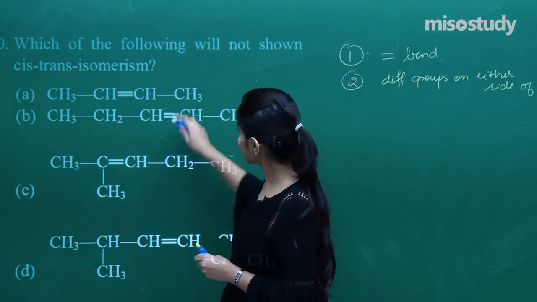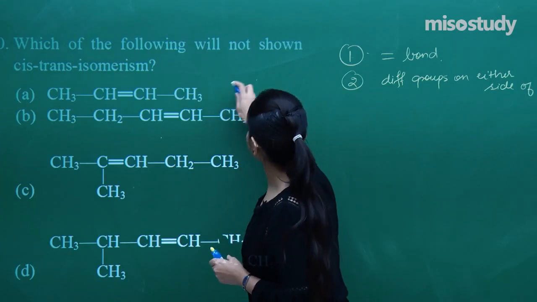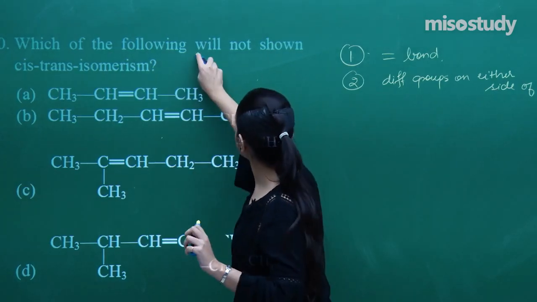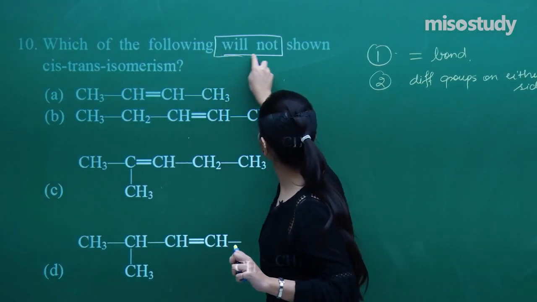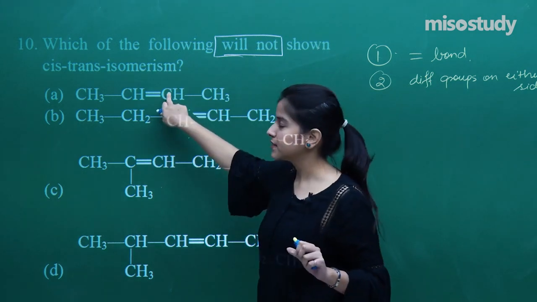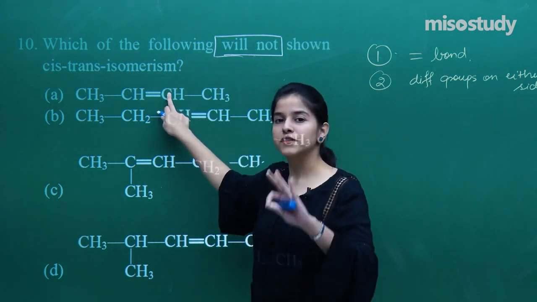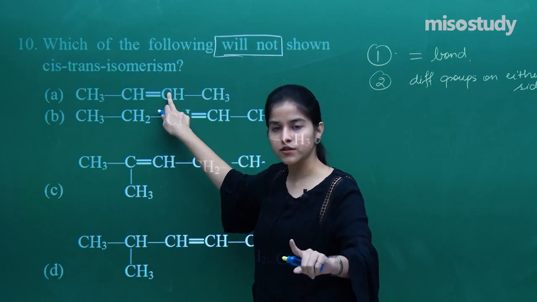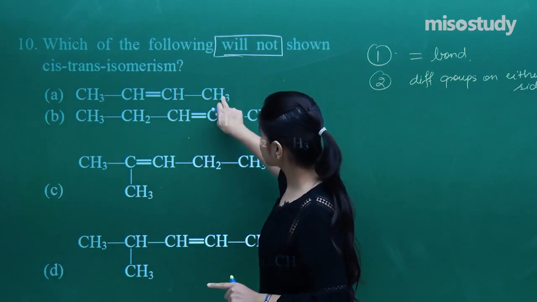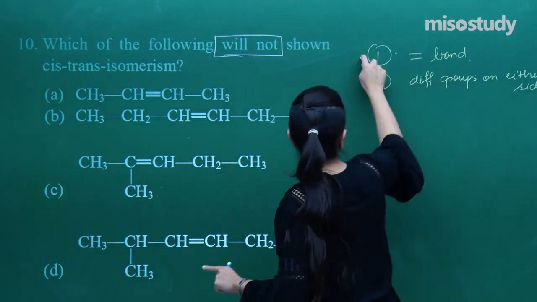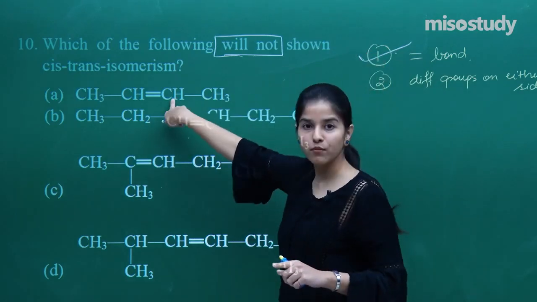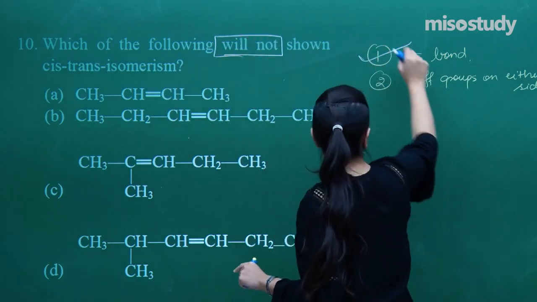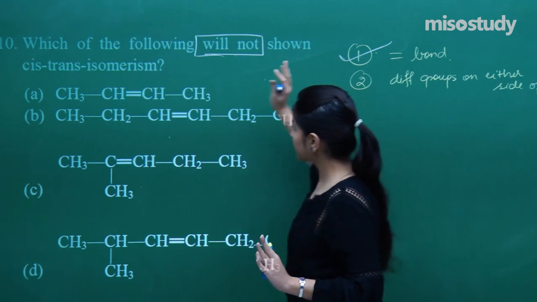But if you see over here, what do I have? Okay, the question is which will not show the cis-trans. That means out of the 4, 3 will show and 1 will not. So in the first option, I have got the first statement very correct, that is the double bond is there and the different groups on either side of the double bond.